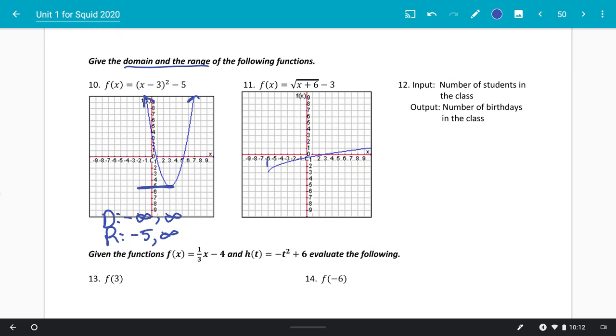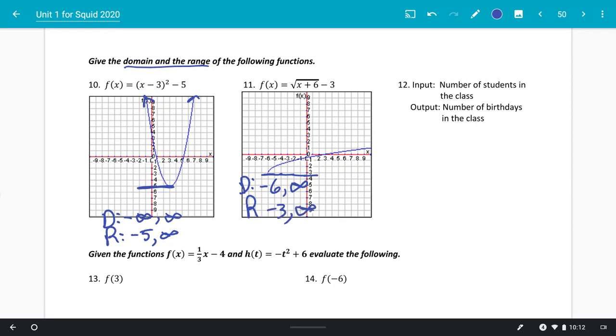Number 11, this bad boy goes from there, so that's negative 6 to infinity. That would be my domain. And then my range is from negative 3 to infinity.